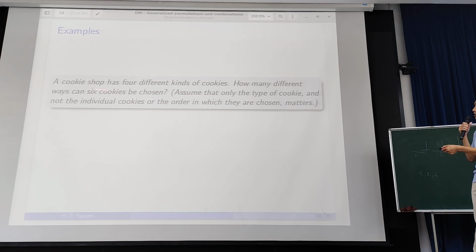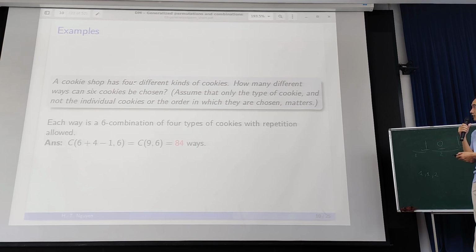Suppose you have 4 boxes of cookies and you throw a token into the boxes, and each time the token falls into one box, you take out a cookie from that box. So here you have 4 boxes and 6 balls. So n is 4 and r is 6.